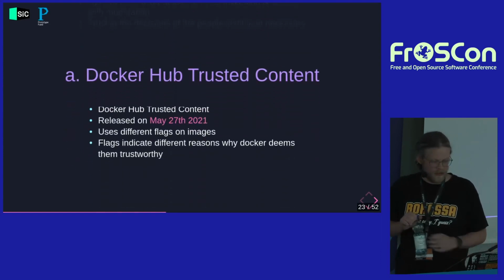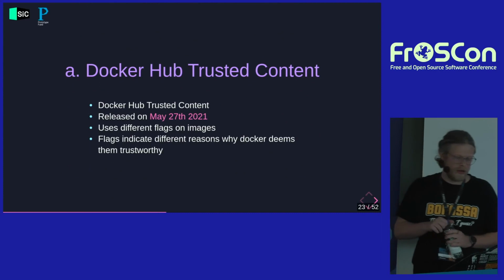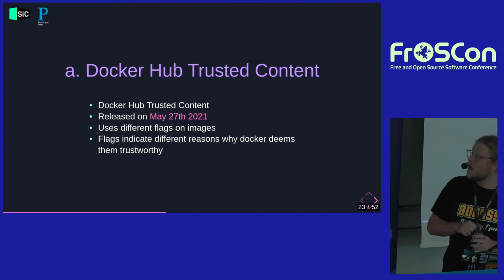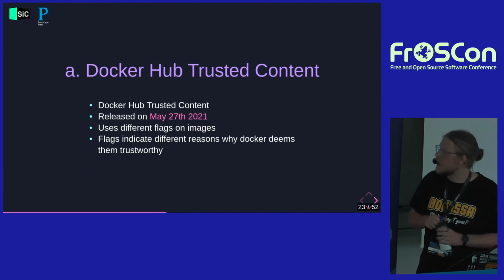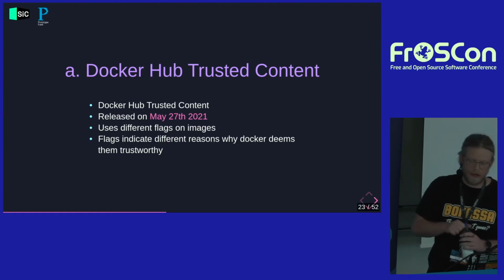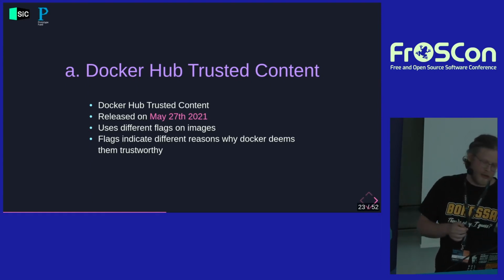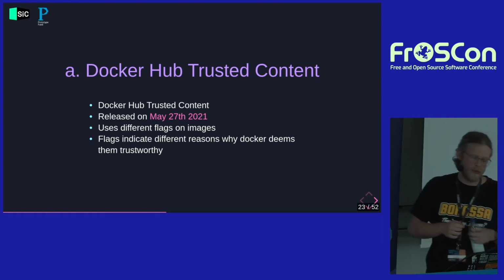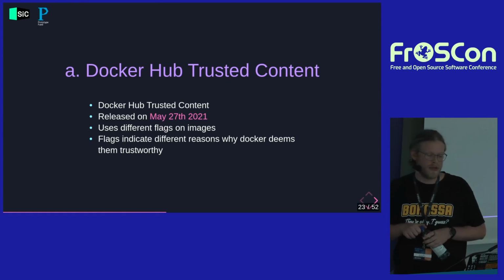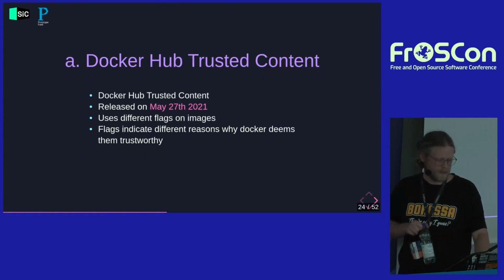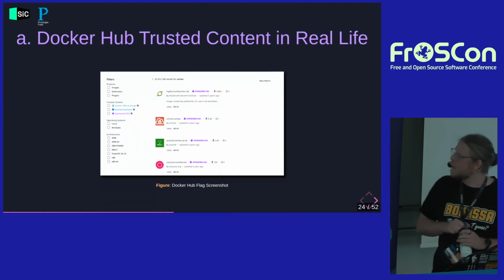An actual real-life example for this is the Docker Hub Trusted Content that was released on May 27th, 2021. The trusted content uses different flags on images to show which images Docker deems trustworthy. I've brought you a screenshot for that.